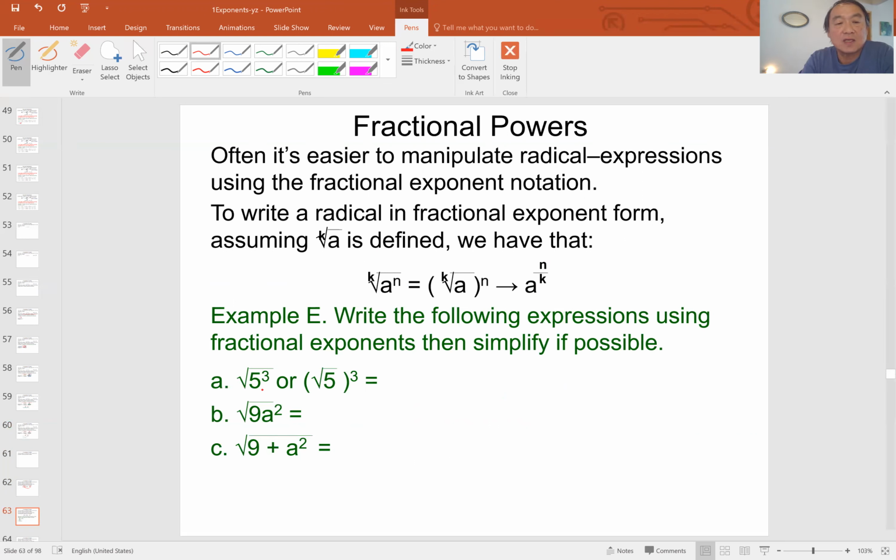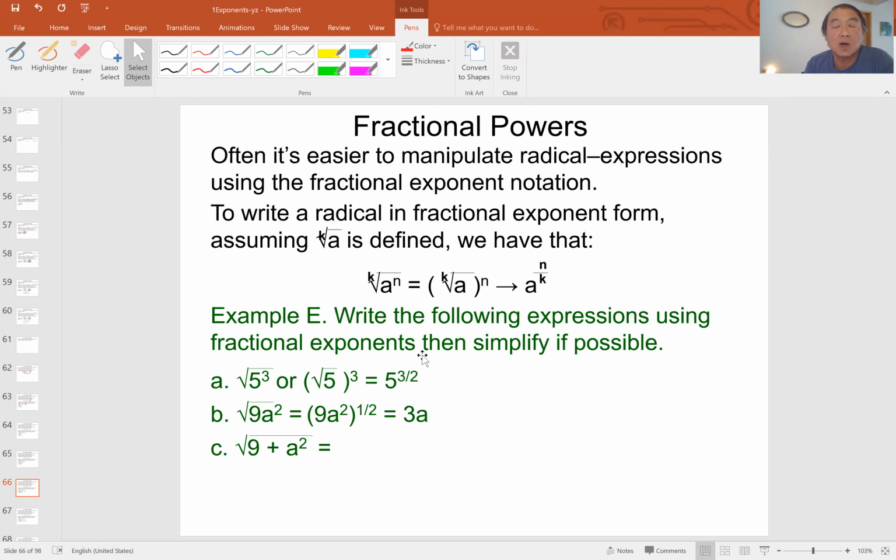So for instance, with this one, first of all, we have the square root of 5/3, and to convert it into fractional exponents, first notice the square root, so the denominator is 2 and the cube is the numerator. And this is the square root of 9a squared, and the square root of 9a squared is 3a, assuming a is positive.